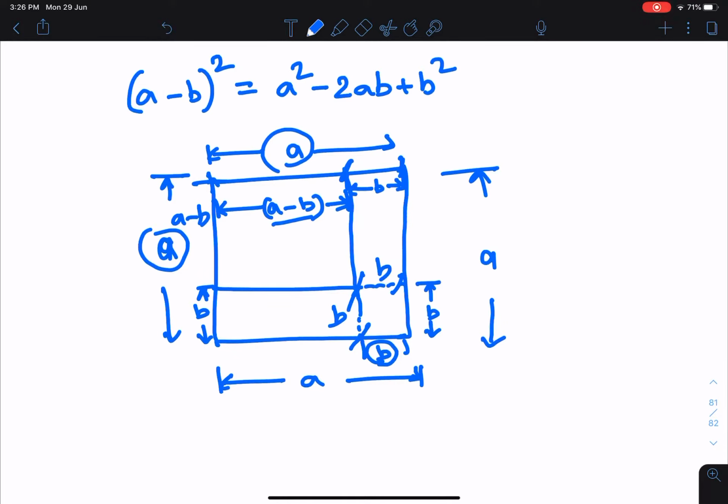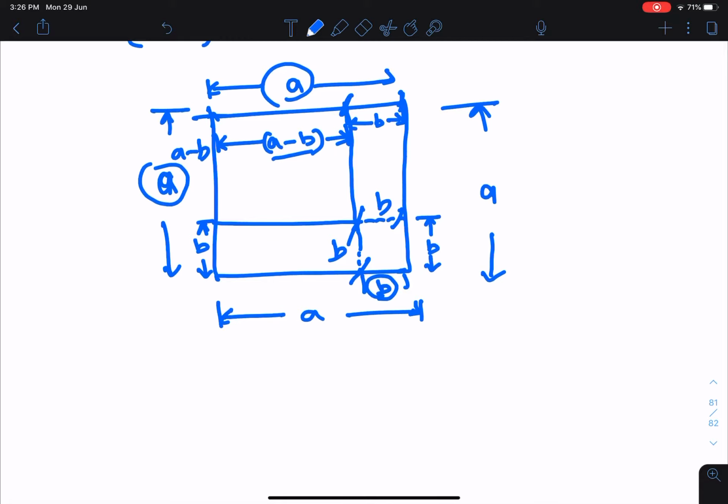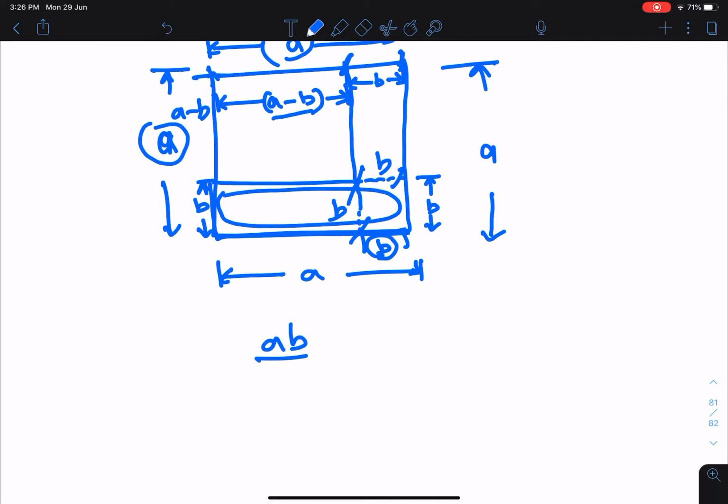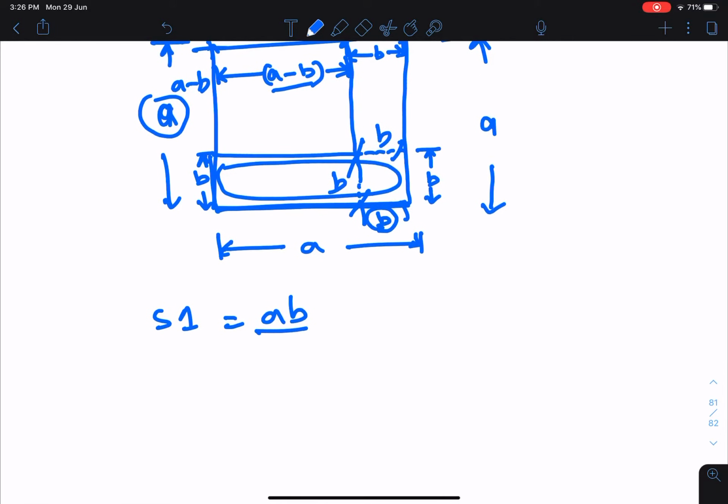Okay, now what will be the area of this section? So the area of this will surely be ab, because one side is a, another side is b, so just multiply this, and we name this section maybe section 1, S1. Area of S1 is ab.